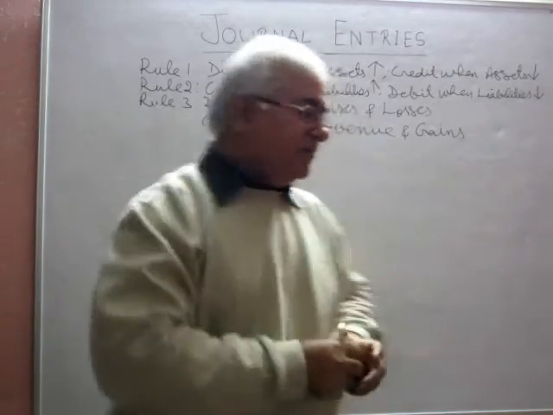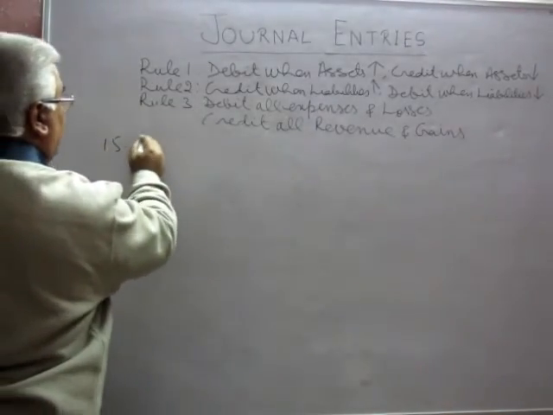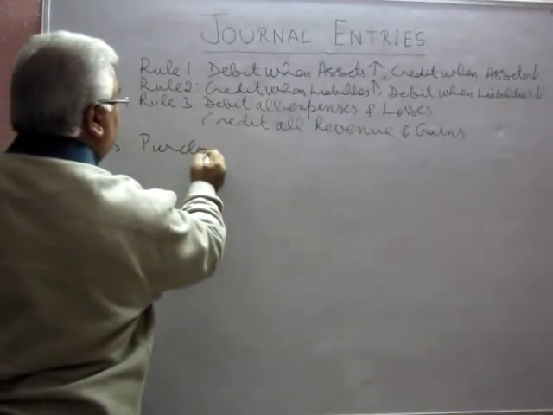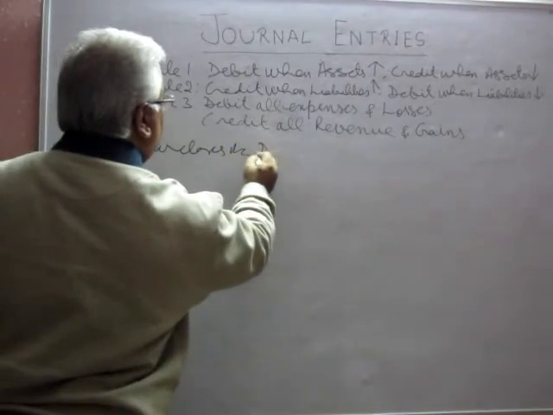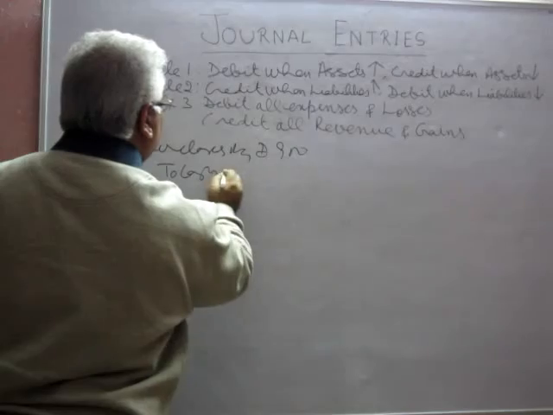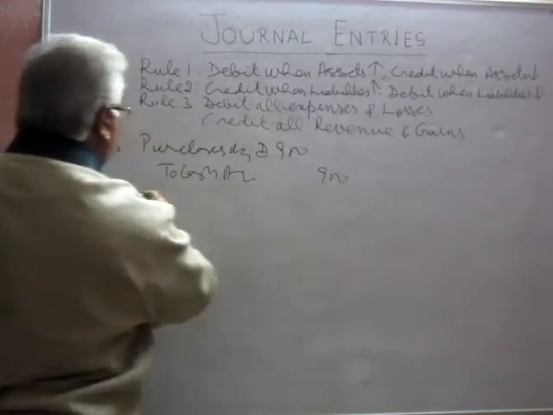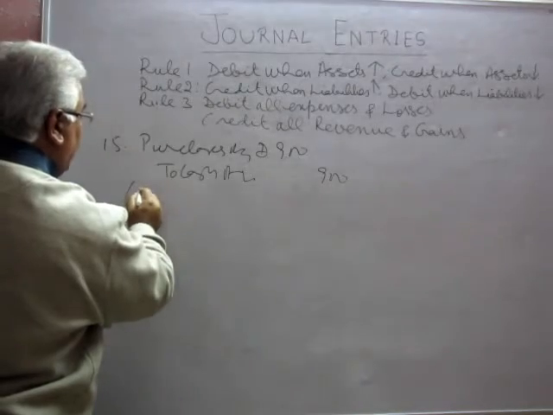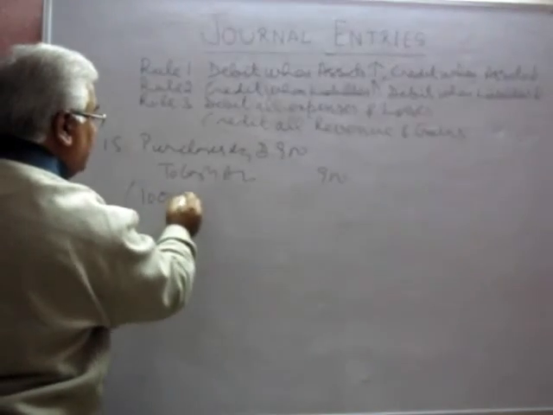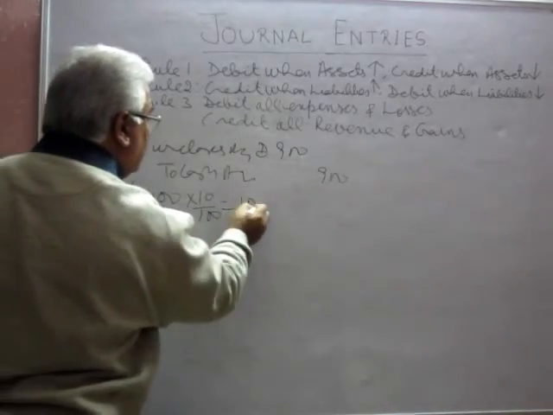Okay, let us see. Purchases account debited 900 to cash account 900. Though goods were actually worth 1000 rupees, but he allowed us a discount of 10%, that is 100 rupees.